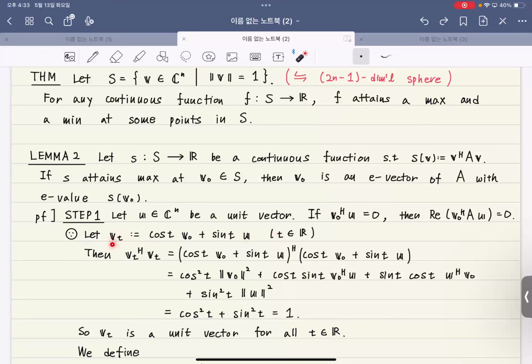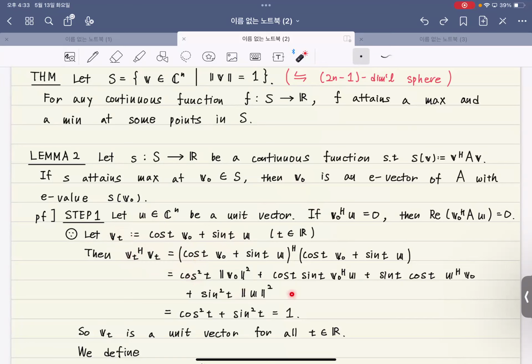I am introducing a parameterized vector vt, which is cosine t times v0, plus sine t times u. Then I am computing the length of this vector by taking this inner product.